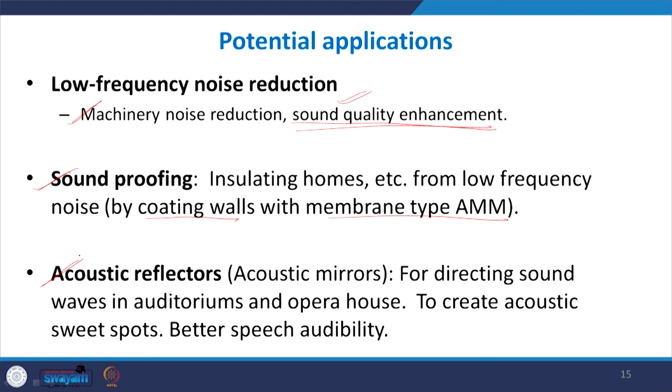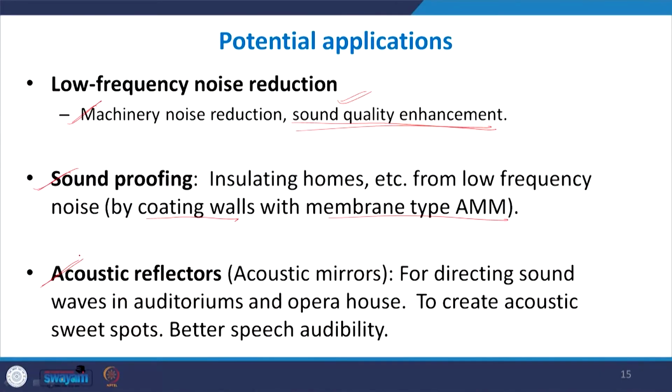As you know, these materials act as perfect blocking materials. So whatever sound is hitting them is not able to propagate, which means it will reflect back. So they can act as reflectors or mirrors, and are especially useful in auditoriums or opera houses where musicians or singers are performing. You can have patches of these materials lined around the auditorium, and when the sound hits them, it can be redirected based on the angle of the material, and sweet spots can be created.